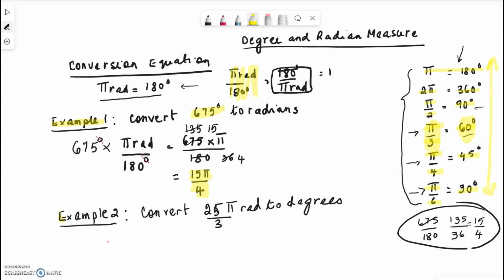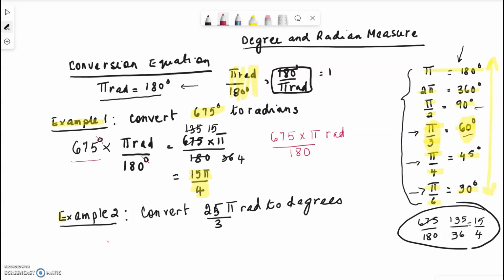So we take 675 and multiply with pi over 180. The degrees cancel. Remember, degrees are just units of measurement. We cancel it just like we do in dimensional analysis. And when we simplify, we get 675 times pi divided by 180 radians.